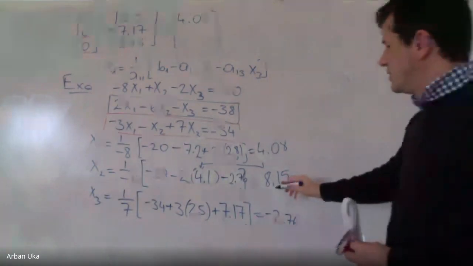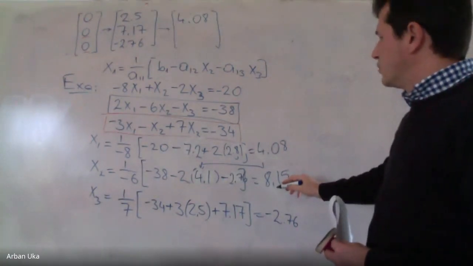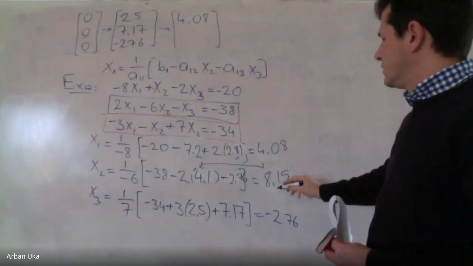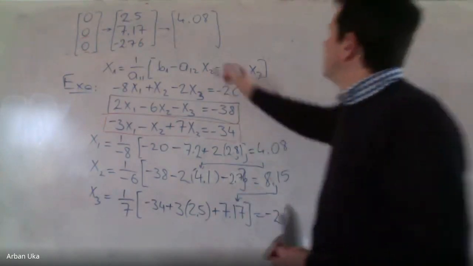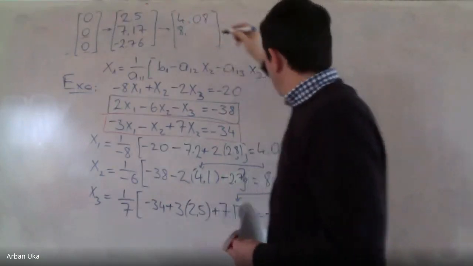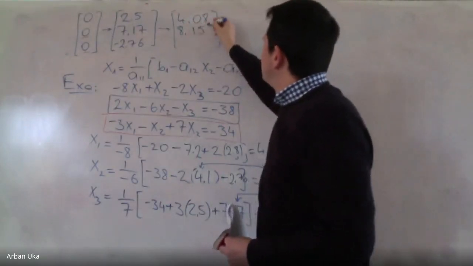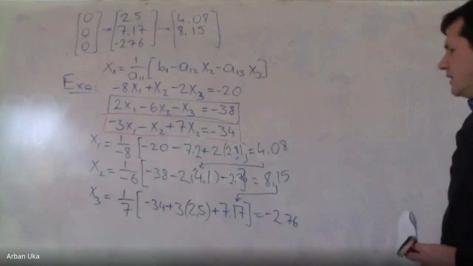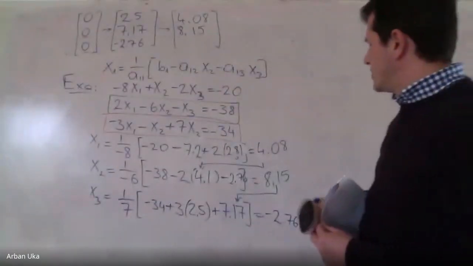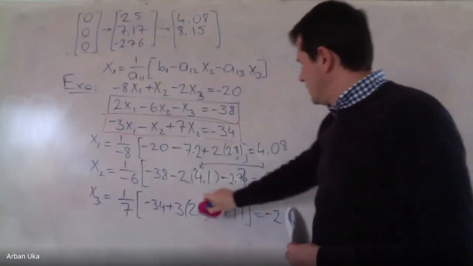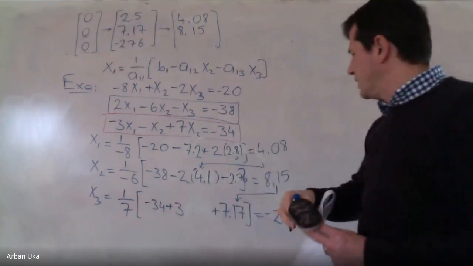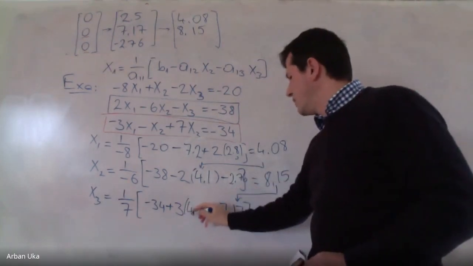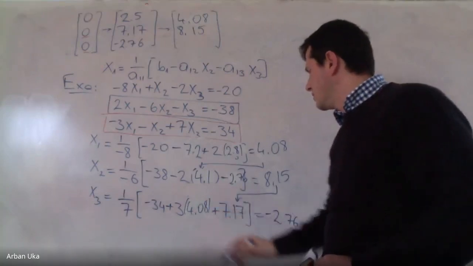So this 8.15 as x2 will immediately go to this value. And this 4.08 will update this value here, which is for the x1. This will be 4.08.